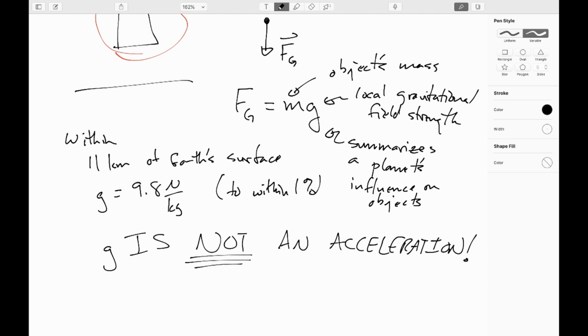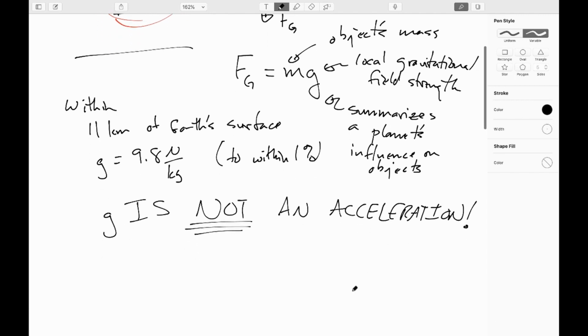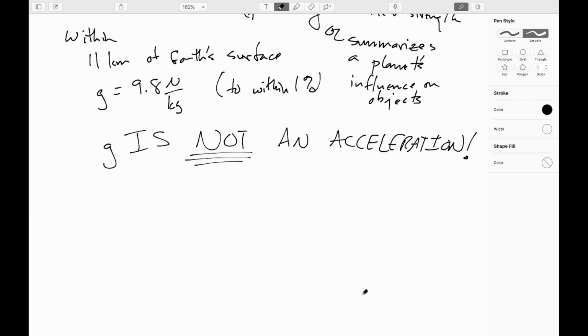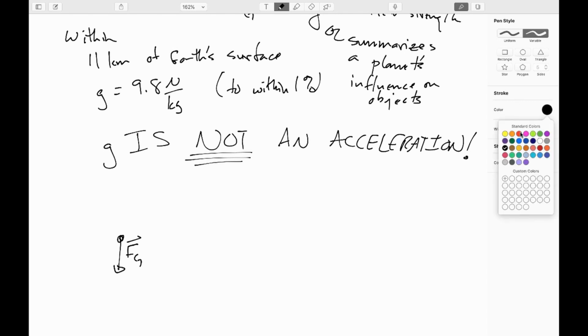So what about that whole acceleration due to gravity being 9.8? Where's that all coming from? So if we take a look again at our object falling down, so I draw my free body diagram like that.